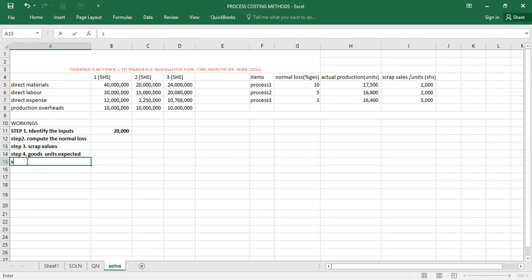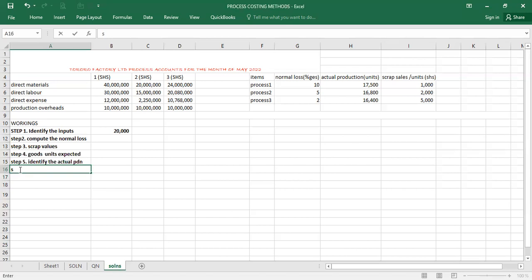Then step number 5. We have to identify the actual production. Permit me to use PDN for production.